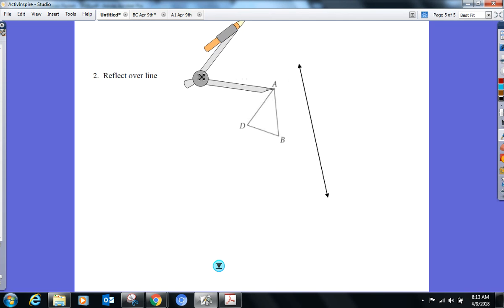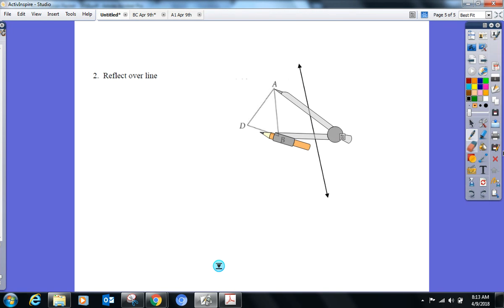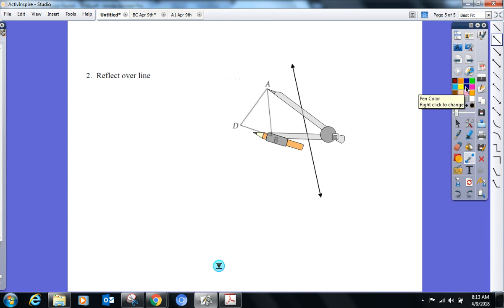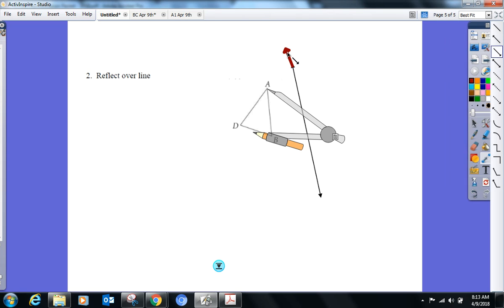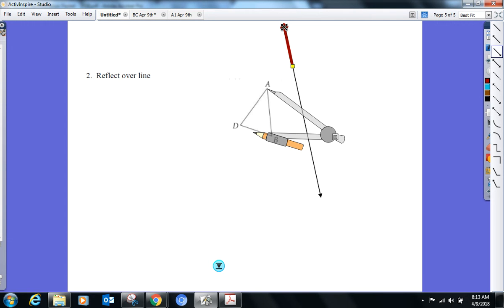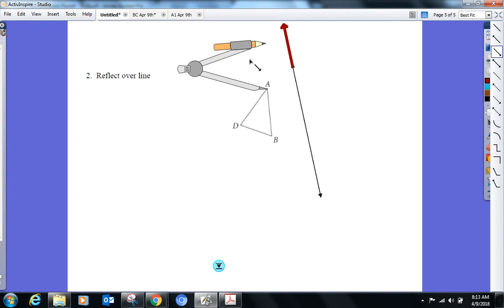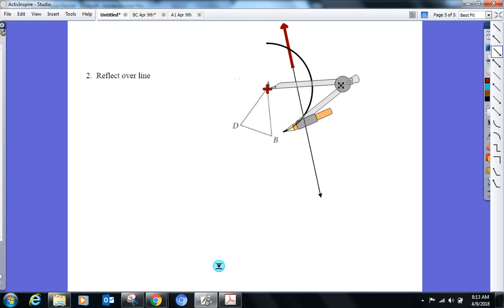I'm going to put my compass point on A. I'm going to make an arc that intersects twice, and looks like here I'm going to have to extend the line of reflection a little bit. No big deal. So I need a perpendicular line coming from A. Open up my compass a little wider.